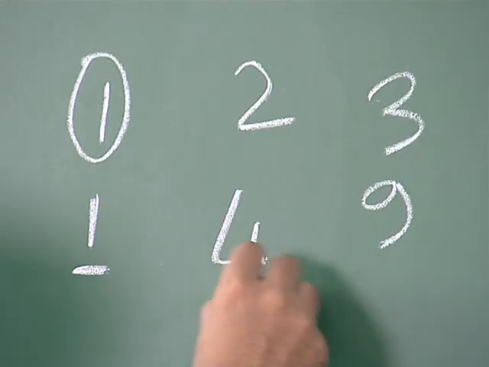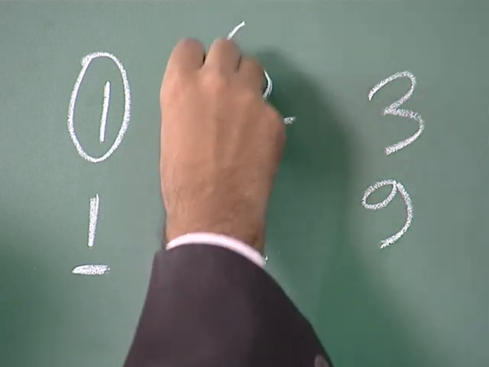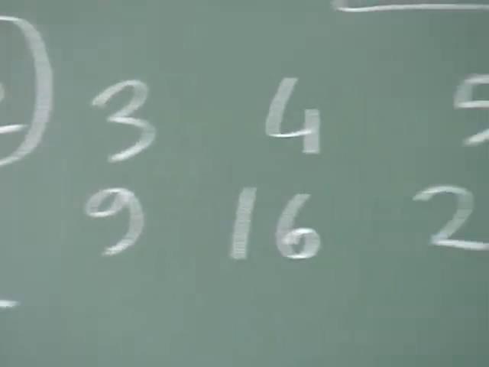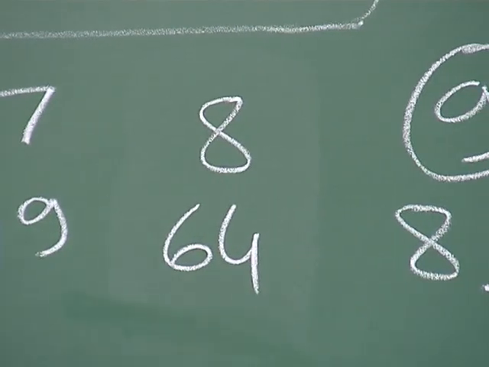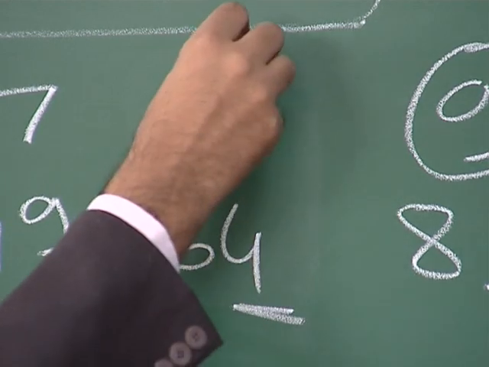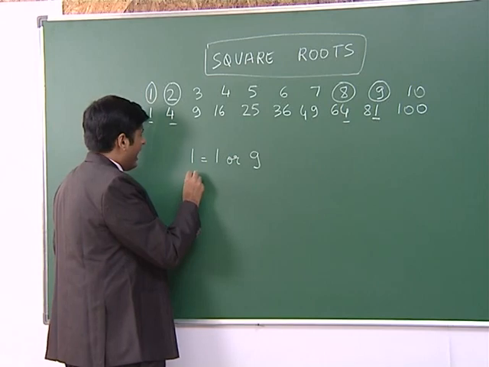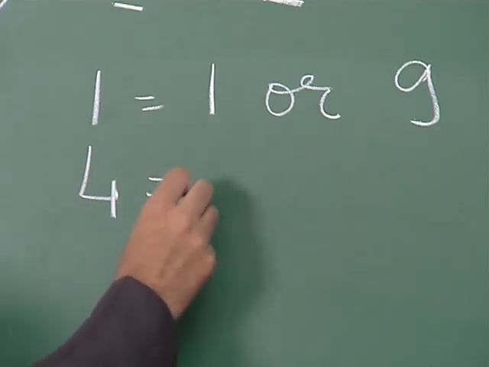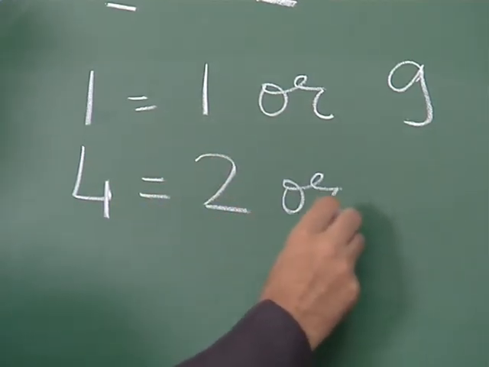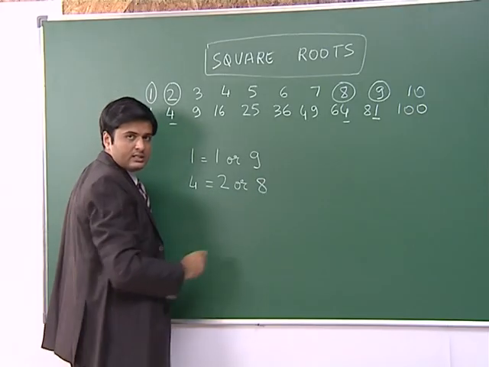If the square ends in 4, square root ends in 2, or if the square ends in 4, square root ends in 8. So, 4 equals 2 or 8.